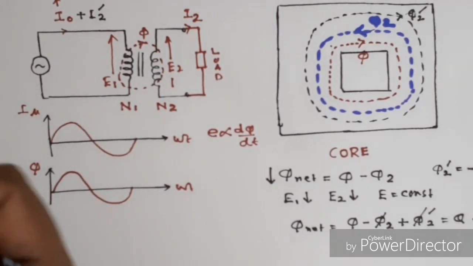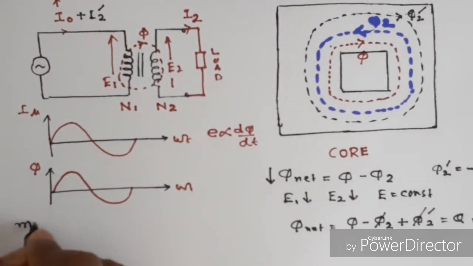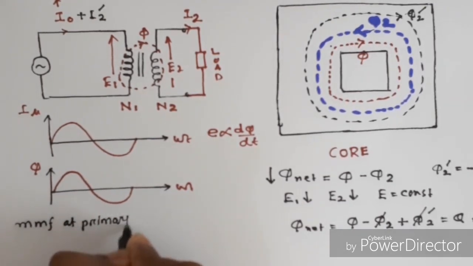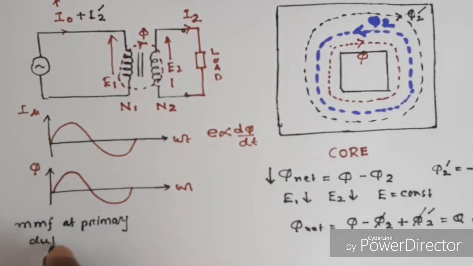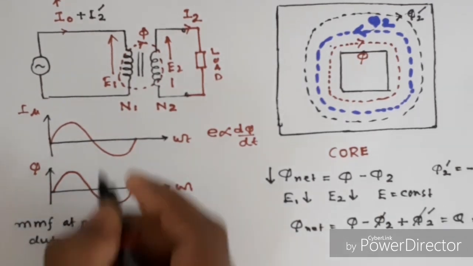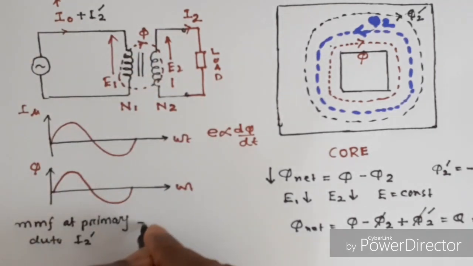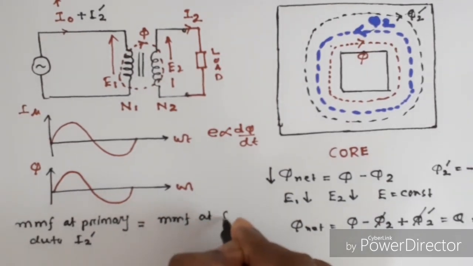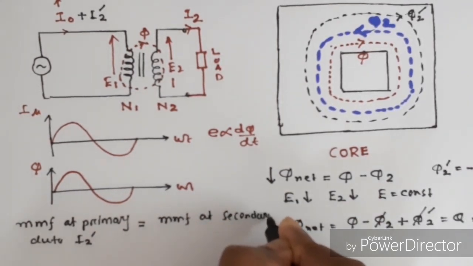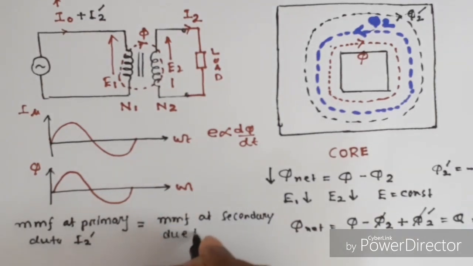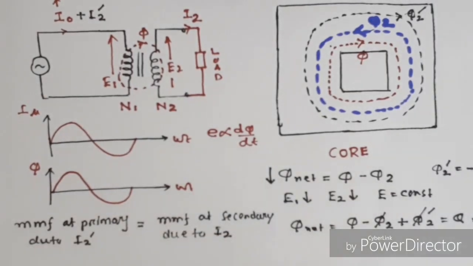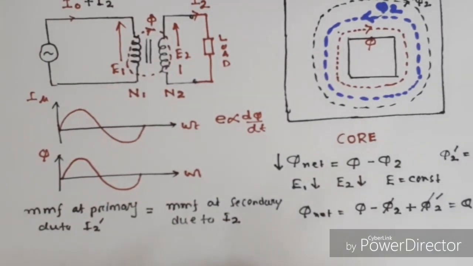The transformer is so designed that the MMF at the primary due to I2 dash will equal the MMF at the secondary due to the secondary current I2. Now, the MMF is the ampere turns.